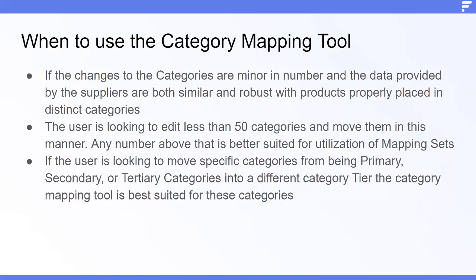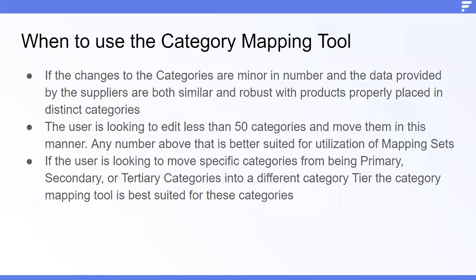What do I mean when I'm saying that? I mean that if you actually have defined categories from your suppliers, this tool works really well. If the categories you're getting from your suppliers are closer to general or miscellaneous or anything like that, this tool makes it a lot harder, because if you have disinfectant spray and soda both in the general category, it's really hard to map your disinfectant spray and your soda into the same category and have it make sense, right?